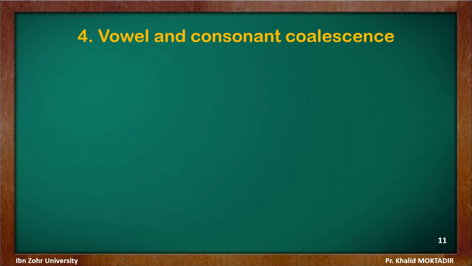Now we move on to the fourth process, that is vowel and consonant coalescence. This is a case where a vowel and a following consonant are merged to make only one sound. And one of the famous processes in this respect is vowel nasalization. We pick up an example from French.